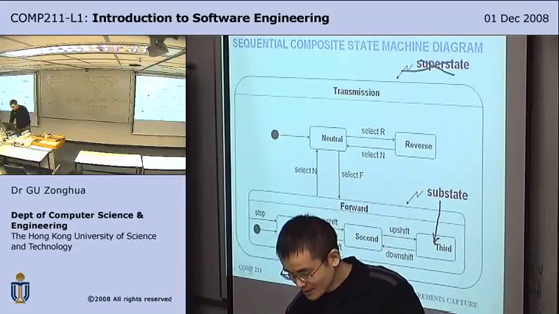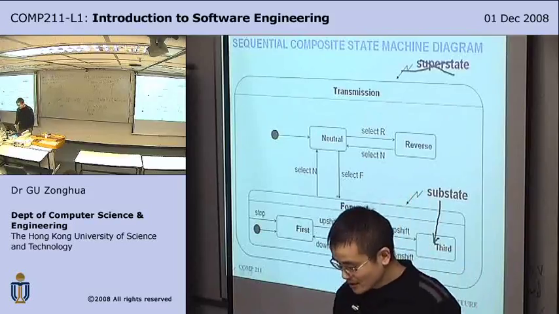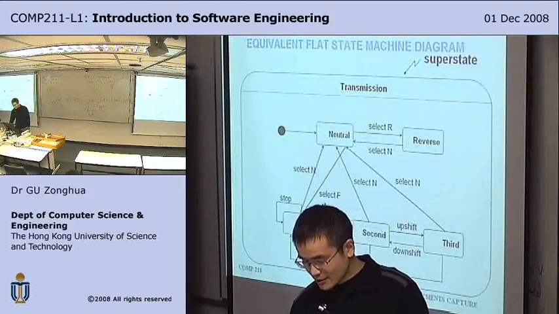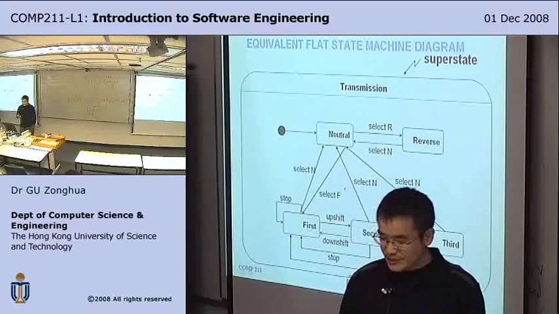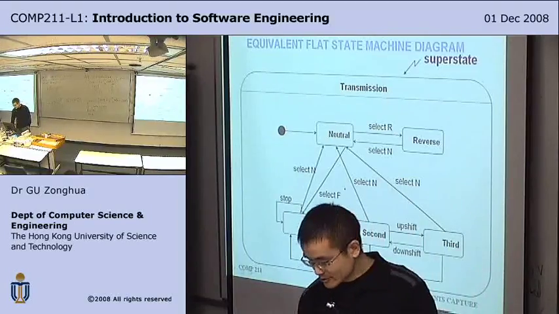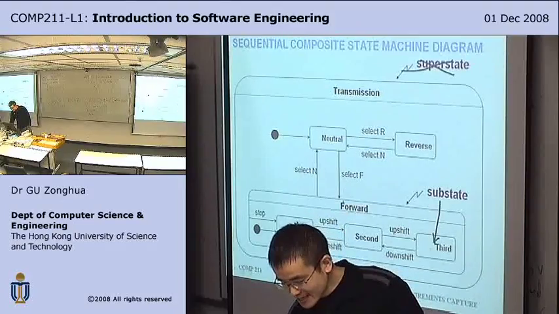So anyway, any transition into a composite state gets translated into a transition into the initial state in the substate state machine. So the transition into the forward state, select F, goes into the first.